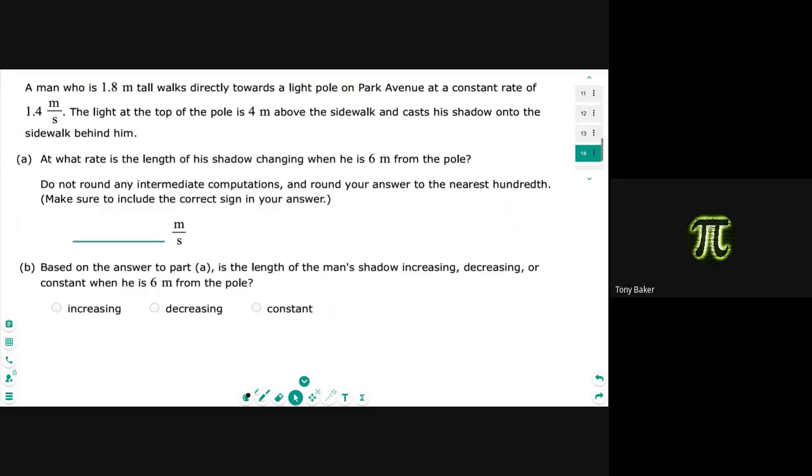All right, it does end the 16th at 11:59. That's Thursday at 11:59.